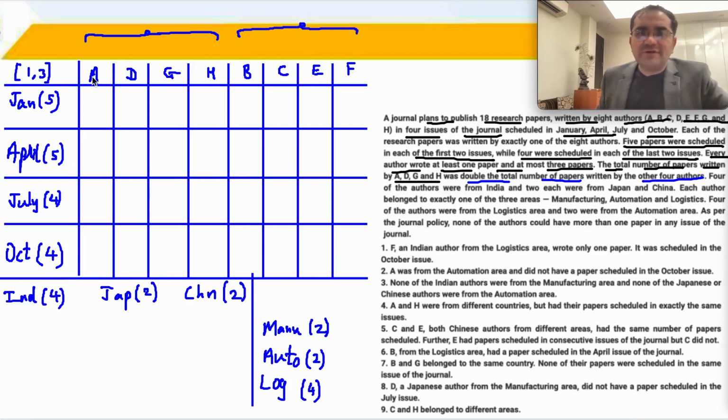So you have to divide 18 in the ratio 2:1, 12 either, 6 either. So these 4 people wrote 6 papers. These 4 people wrote a total of 12 papers. And in these 12 papers, minimum is 1, maximum is 3. So how do you get 12 as the sum of 4 values? 3, 3, 3, 3. There's no other possibility.